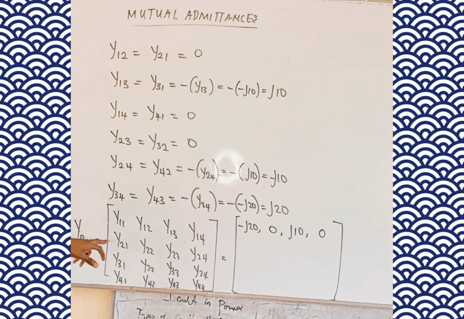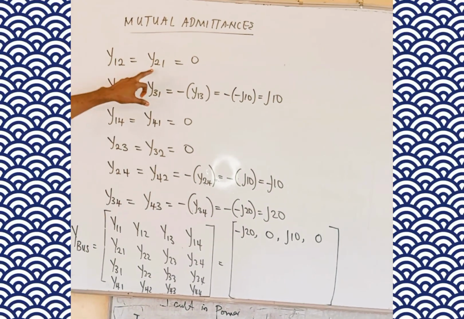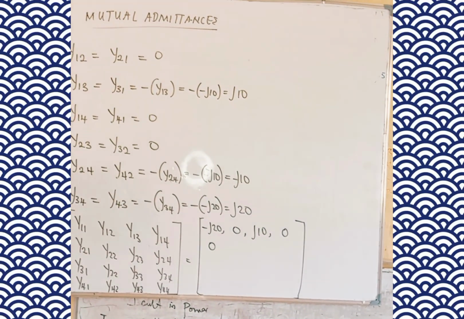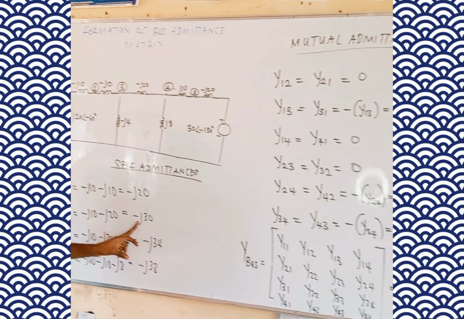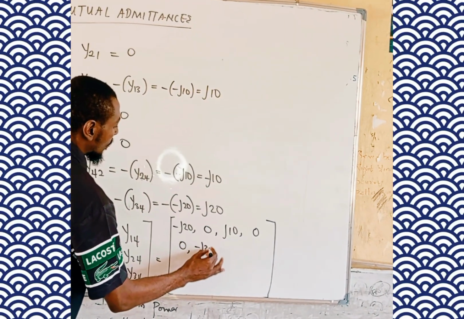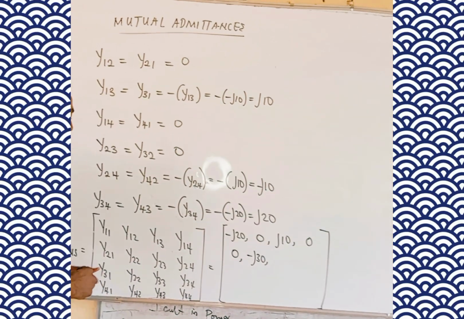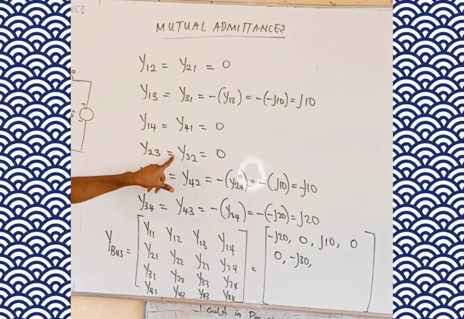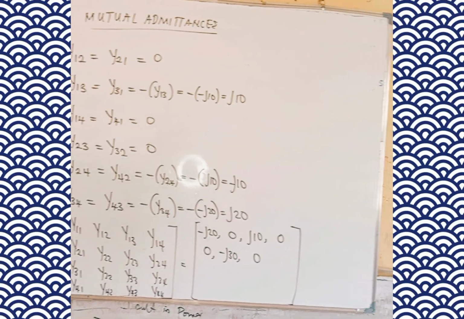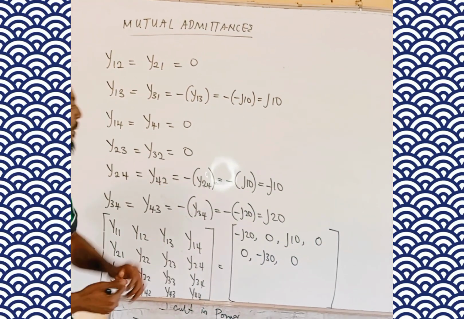Then row 2, y21 is not connected, 0. y22 here is minus j30. y23 is not connected, 0. y24 is minus j10.